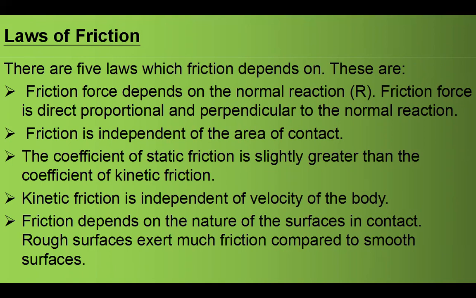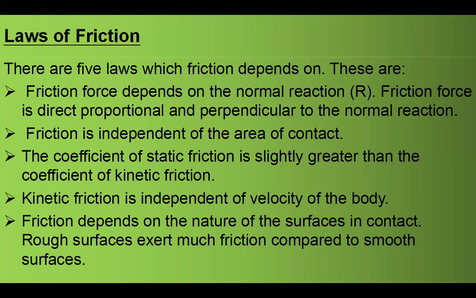The coefficient of static friction is the value of friction at rest, while the coefficient of kinetic friction is the value of friction for the body in motion. So the value of static friction is slightly greater than the value of kinetic friction.